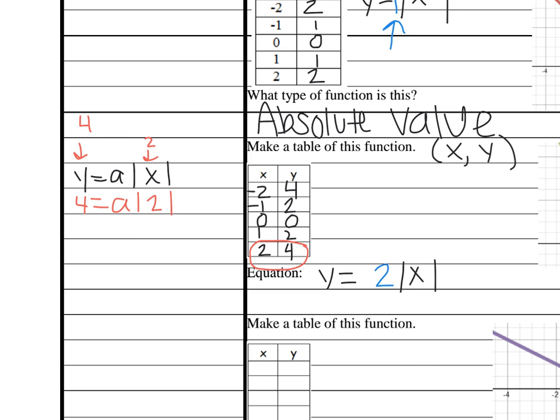We know to find the absolute value first. The absolute value of 2 is 2, absolute value is a distance, so it's positive. And then a times 2 is just 2a. So 4 equals 2a. To balance, solve, divide by 2 on both sides. a equals 2, which is what we got here.